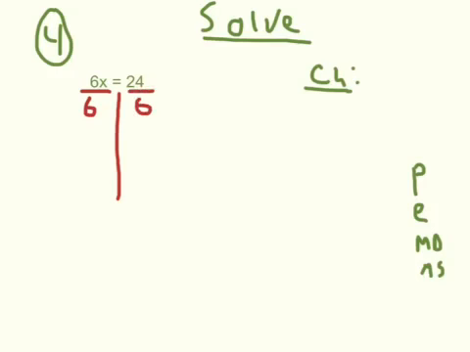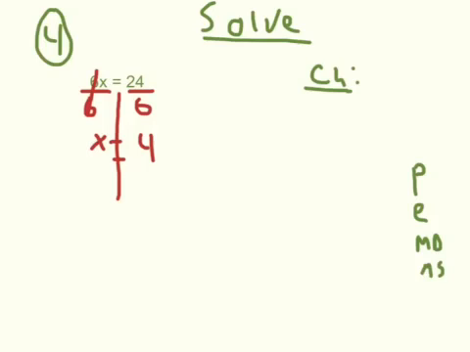Okay, and 6 divided by 6, well, any number divided by itself is 1, so you're just left with 1x. Okay, and you can write that 1 in there if you want, but you really don't have to. I never do. Okay, and then that equals 24 divided by 6 is 4. Okay, so 1x equals 4. Okay, x equals 4.